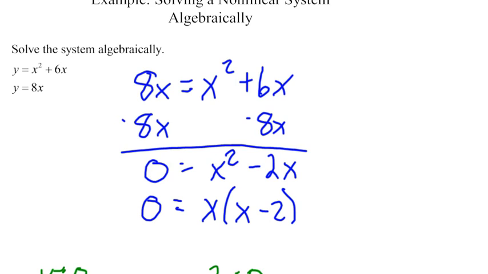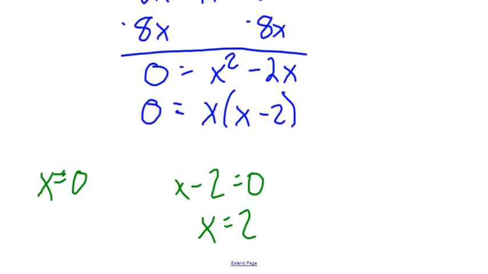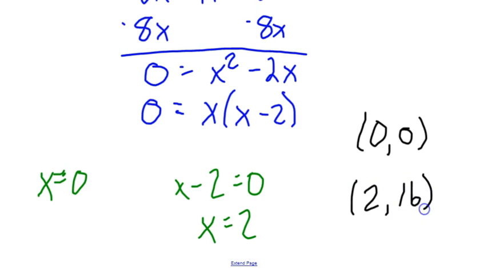So both of these values work. You should always get in the habit of checking that your solution works. So our ordered pairs in this case would be 0, 0, and our other one would be 2, 16. If we graph these equations, these would be the two locations where they intersect.